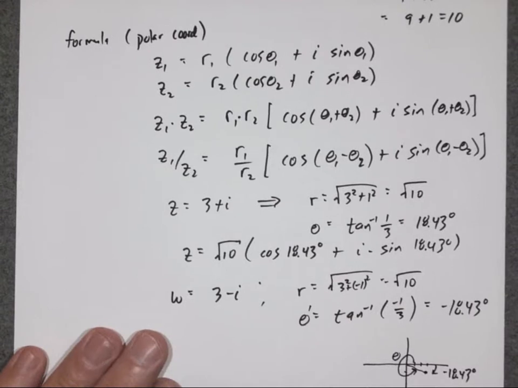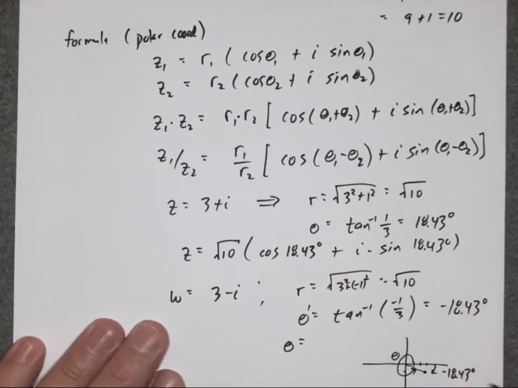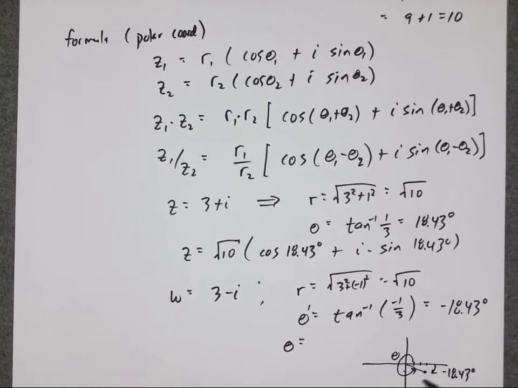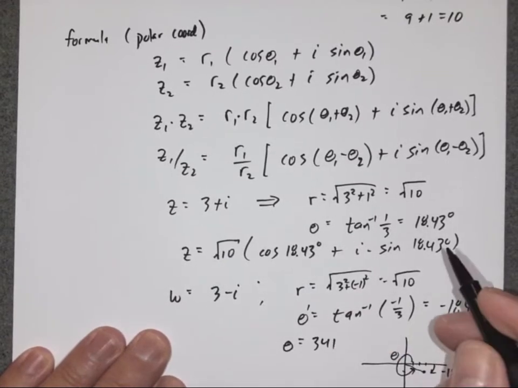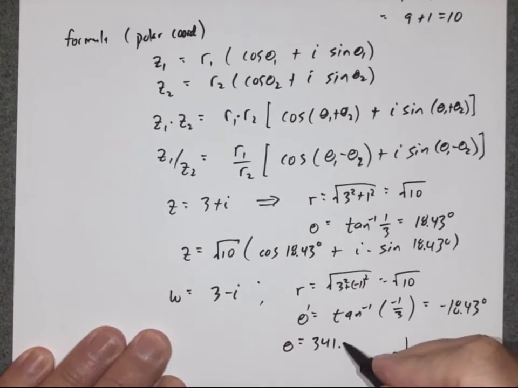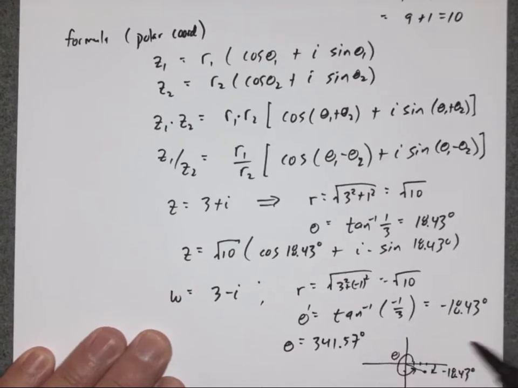I'll call that prime because my real angle is not that. You can see if I take 360 degrees minus 18.43, my angle is really 341.57 degrees.